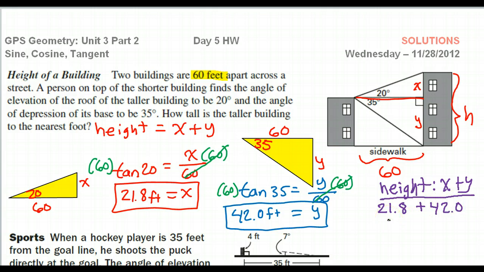So that's going to be 63.8 feet. All right, so that would be the overall height of the building.